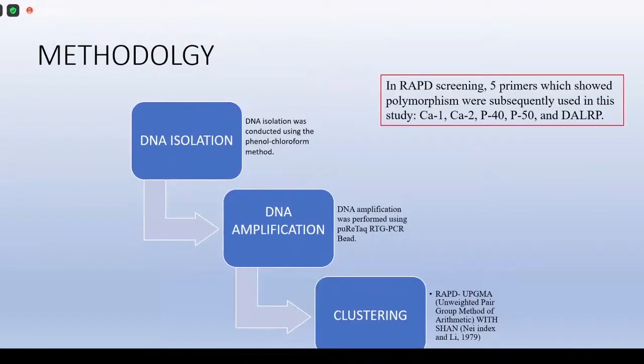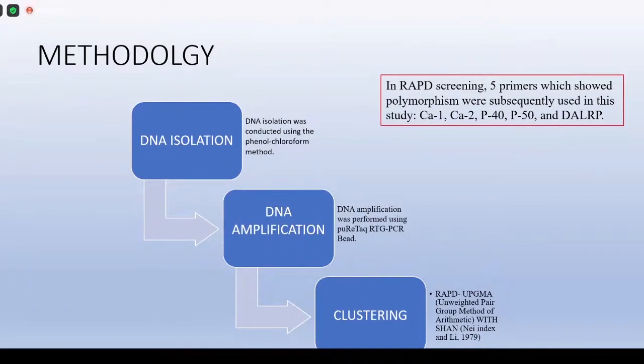We use DNA isolation, which was conducted using the phenol-chloroform method, and DNA amplification using a PureTech FTG PCR bed, and RAPD using the unweighted pair group method with arithmetic mean.